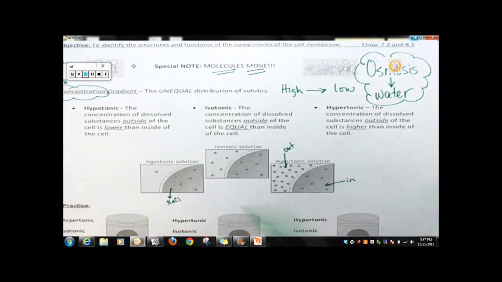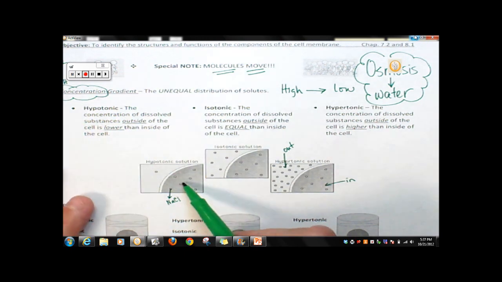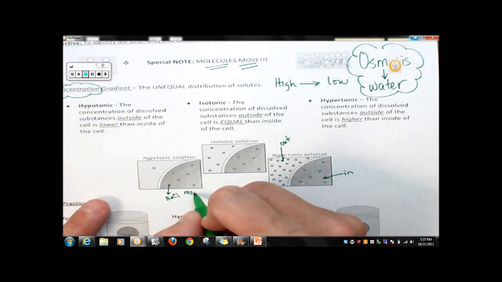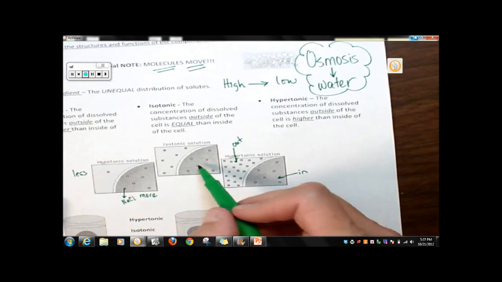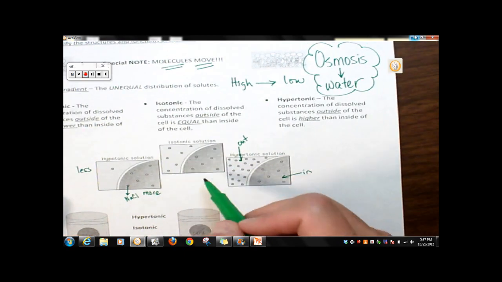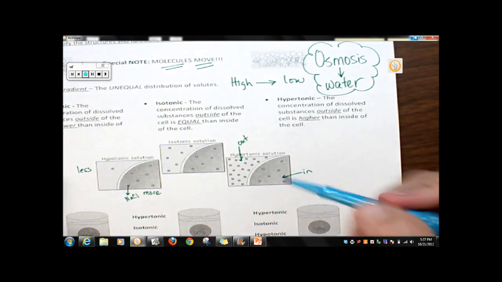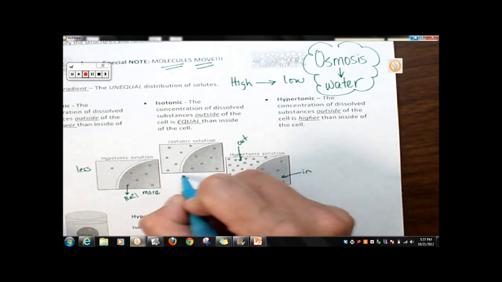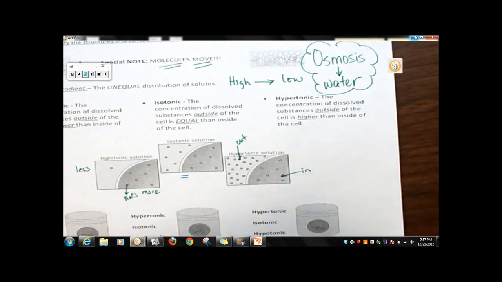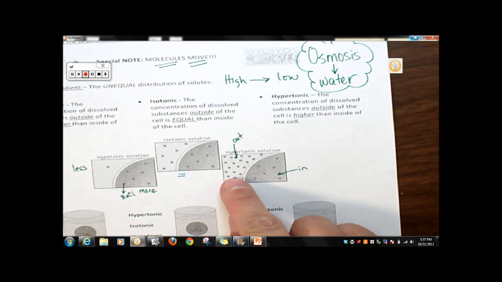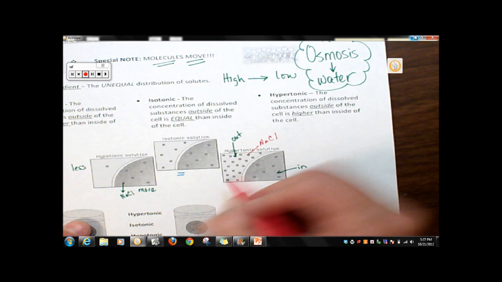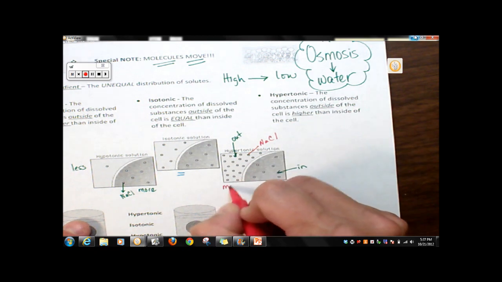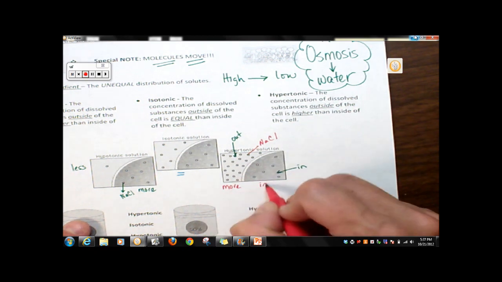And you'll see in this diagram there's more salt in, so more here, less here. And what about in this one? What do you notice about the little dots? Well, they're almost equal. They're almost the same. And what do you notice about this one? Wow, look at all the salt outside here. There's a ton of salt. So there's a lot more on the outside than on the inside.